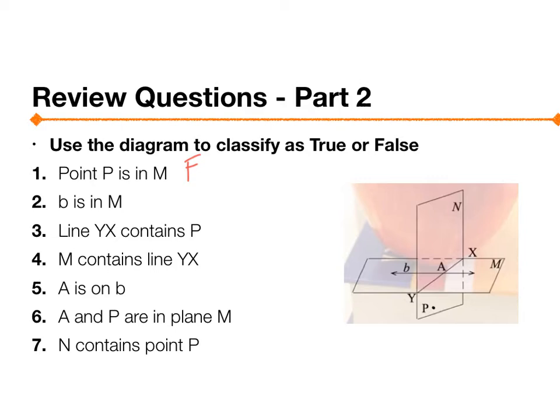B is in M. So let's think, what's B referring to? B is talking about this line, right? Because it's a lowercase b, and the only thing that gets a lowercase letter is a line. So is this line in M? No. Why do you say no?